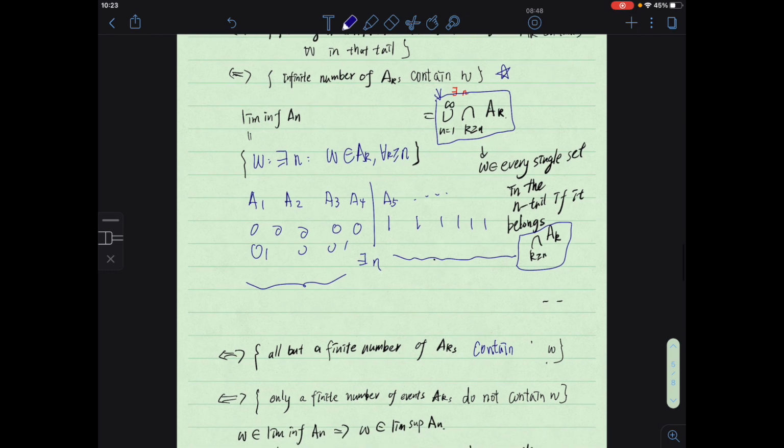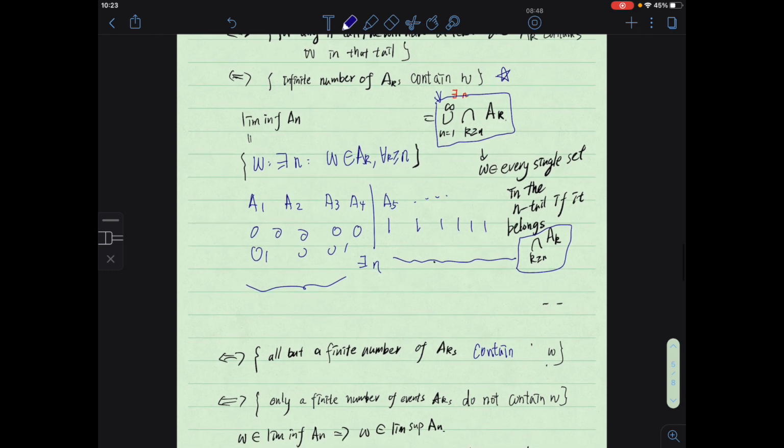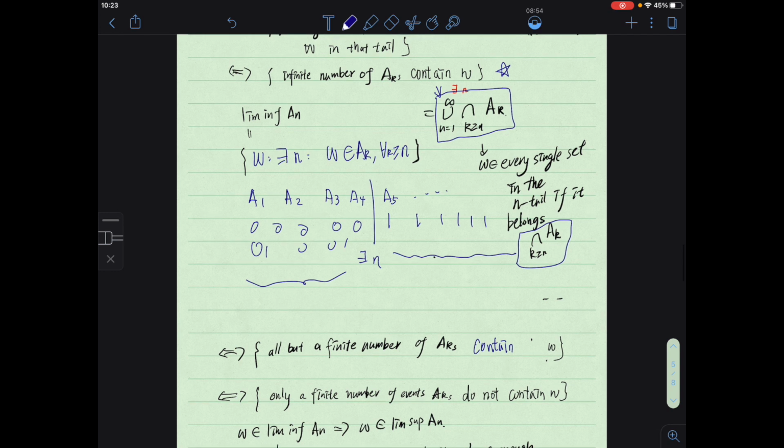All right. Remember in calculus, we said that the limit inferior and the limit superior are equal if and only if the sequence has a limit, right? So what about the relationship between the limit inferior of a sequence of sets and the limit superior of a sequence of sets?